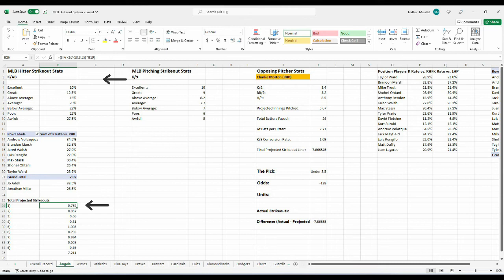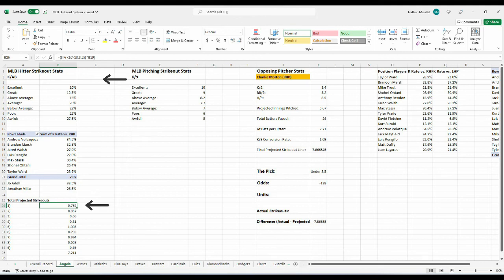So he's going to have 3 at-bats because Morton's going to face 24 batters in the game, which is greater than 18. And then you're going to multiply that 3 by 26.4%, which is going to give you a strikeout total of about 0.792. So that means that in 3 at-bats, Ohtani's going to average about 0.792 strikeouts in that game.